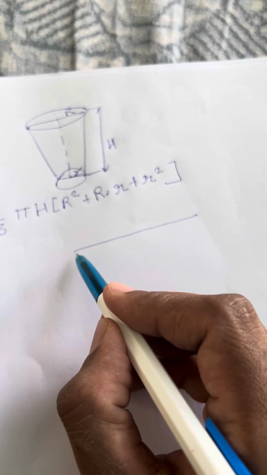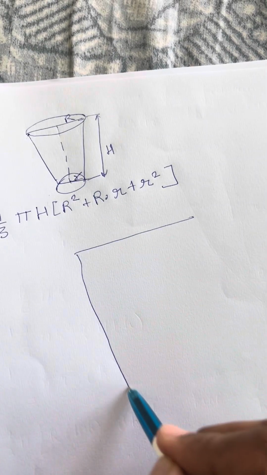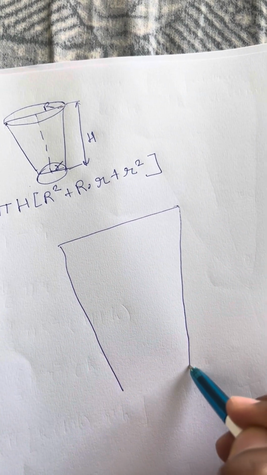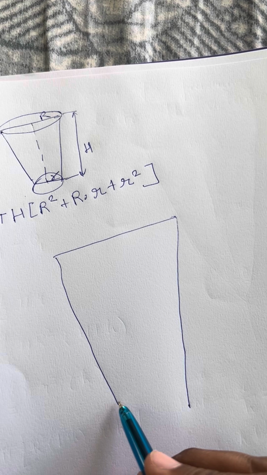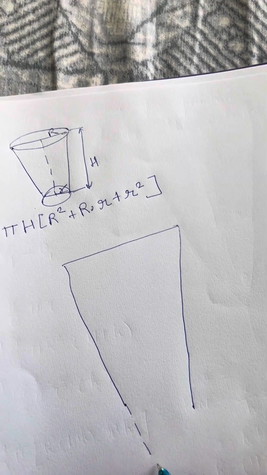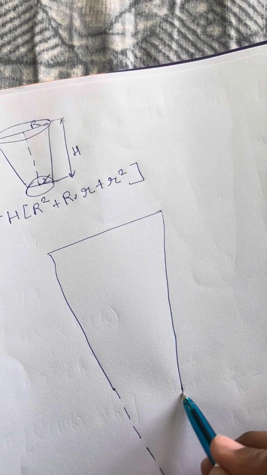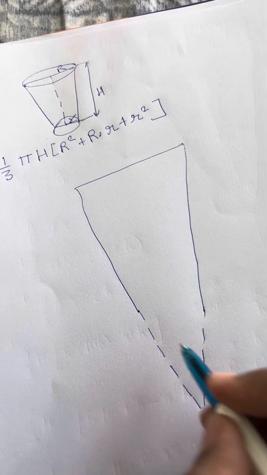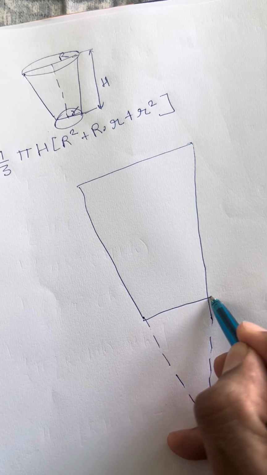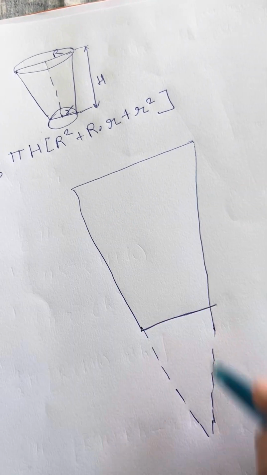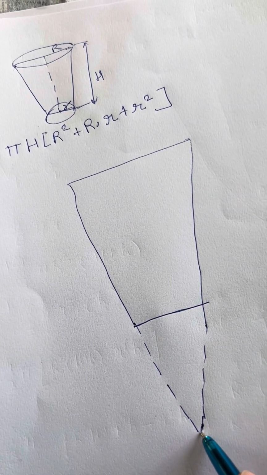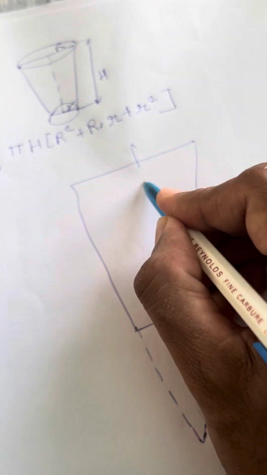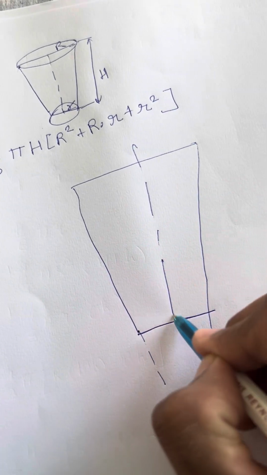So let me build a larger conic section. Apologies, I'm viewing it through my mobile camera, so the diagrams won't be all that accurate, so bear with the inaccuracies. So this is where my frustum ends, and this is my invisible cone. Again, I draw an axis so that it becomes easy to understand.